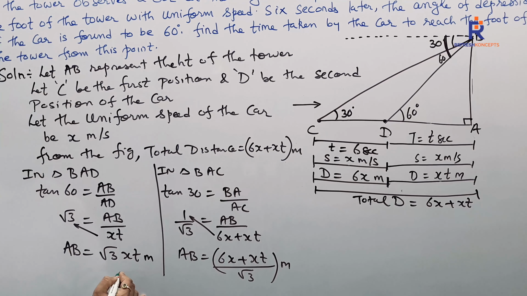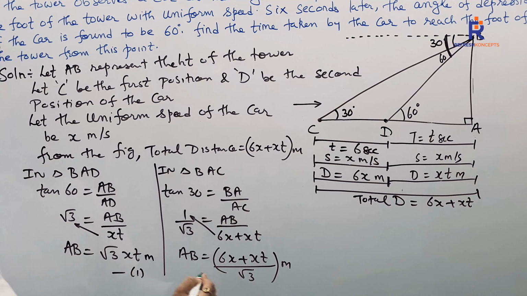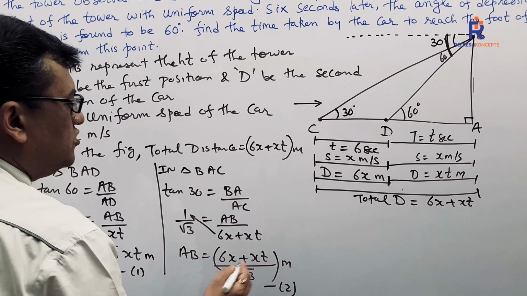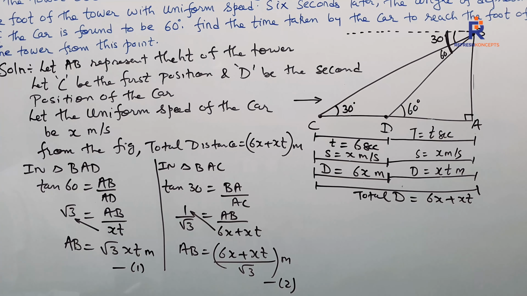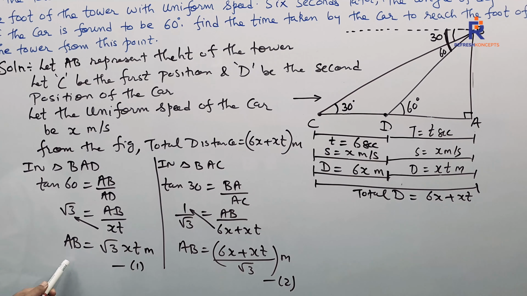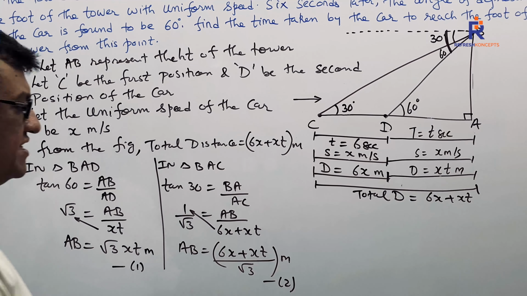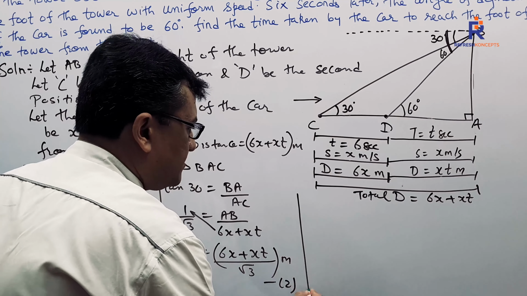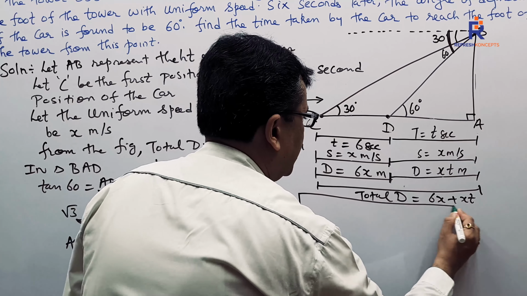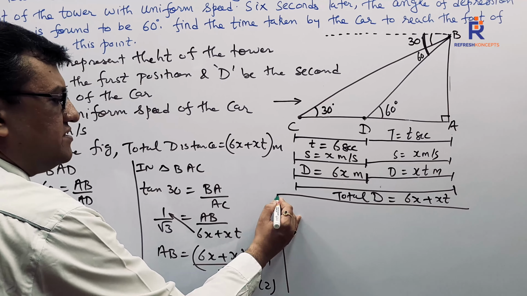Children, you can call this equation number 1, this equation number 2. What do I get after equating 1 and 2? They are both in terms of AB. Indeed. So I shall write my next answer here, continuing our answer here.